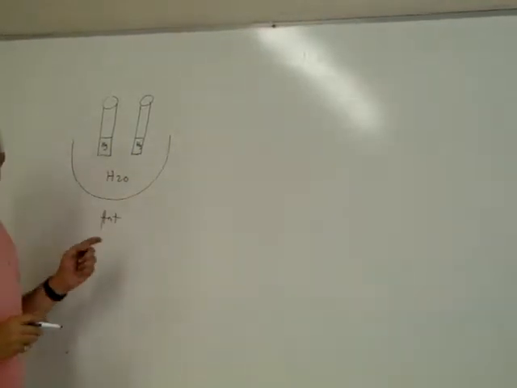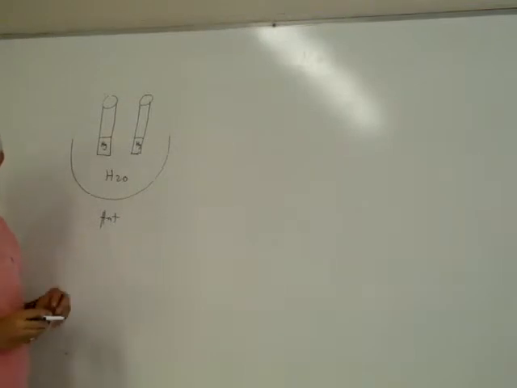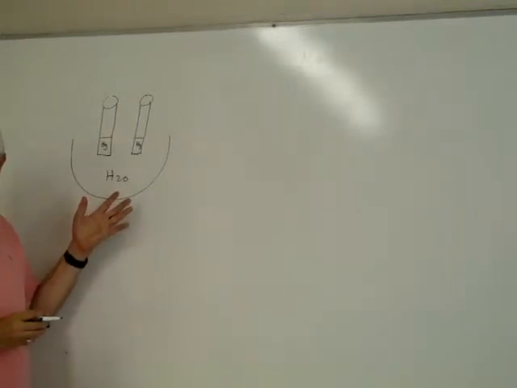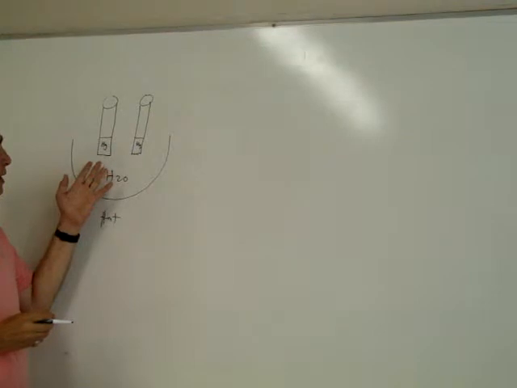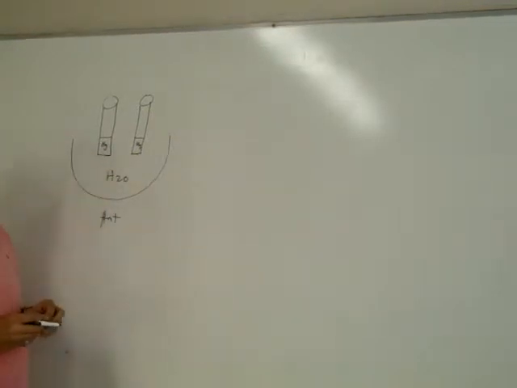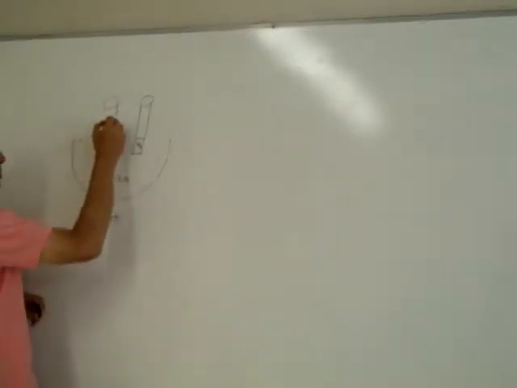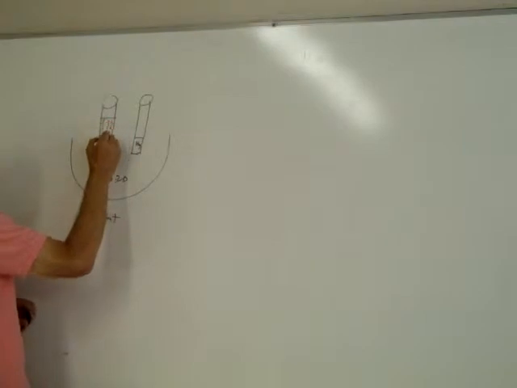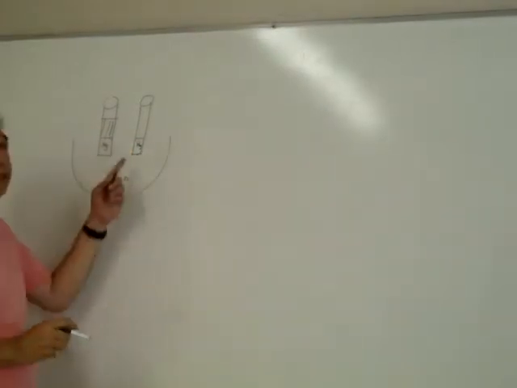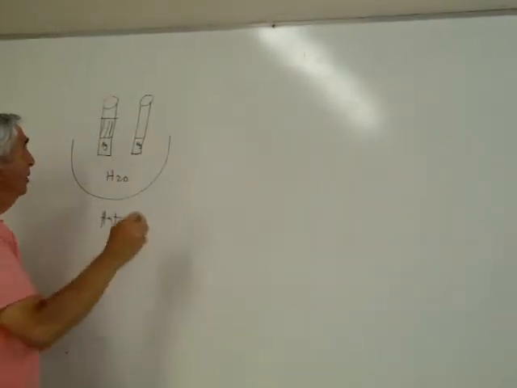So what will happen? The water will get hot, the water will continue to boil, and the heat will go into the mercury, and when it goes into the mercury, what will happen? The mercury will expand. So let's say the mercury expands to this level. Where will it expand in the other tube? To the same level.